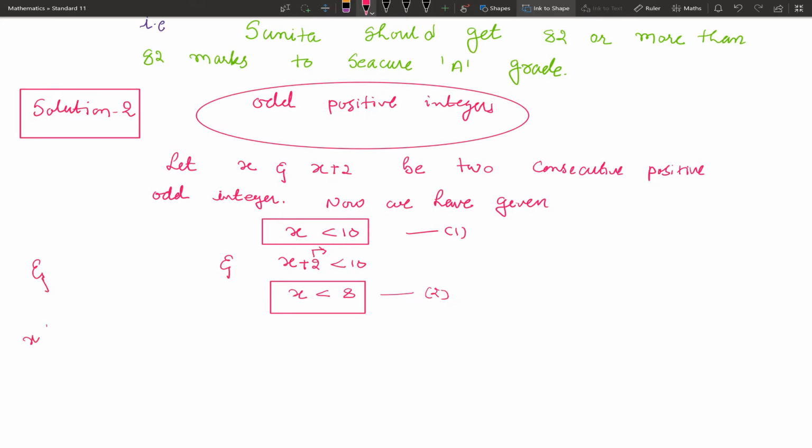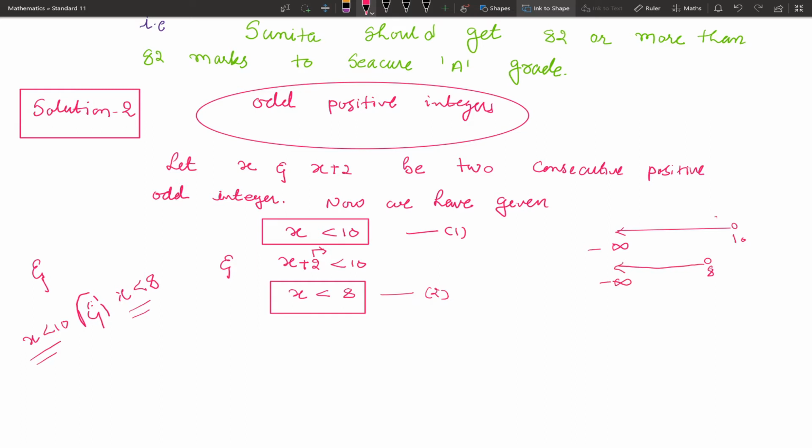So on the number line, x is less than 10 on this side, and x is less than 8 on this side.